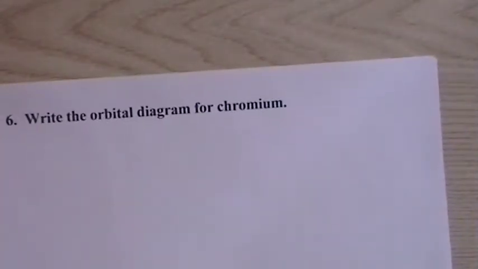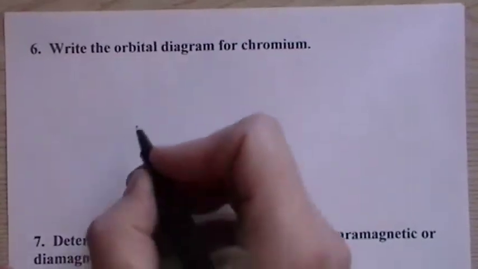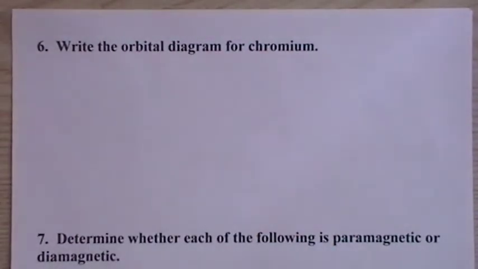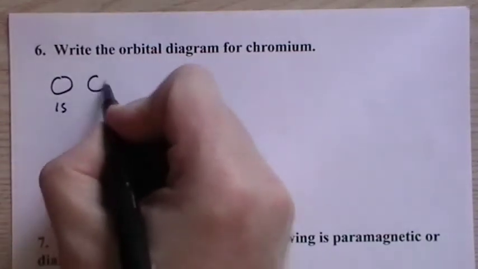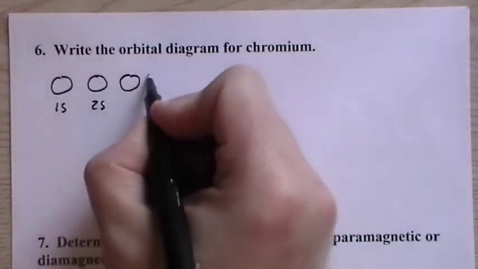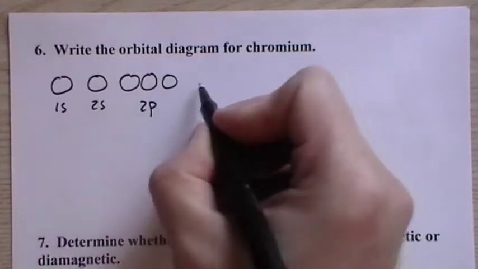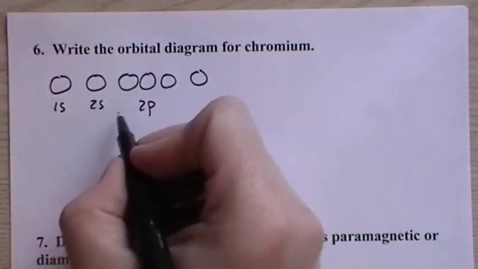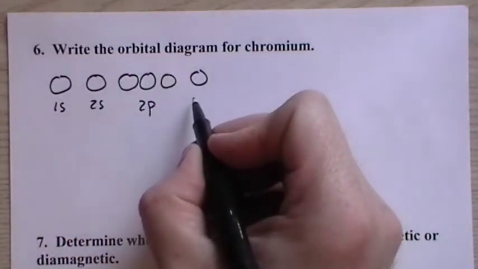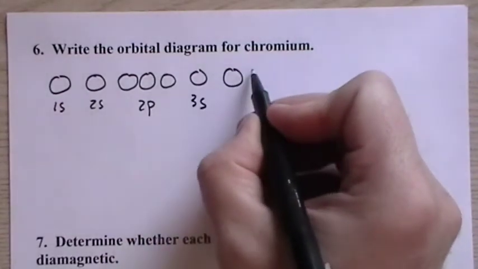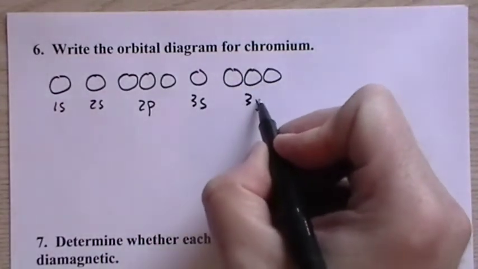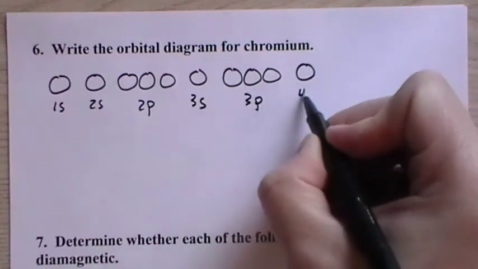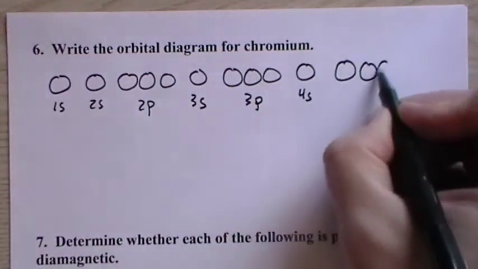So, and then the orbital diagram for chromium, this one I want to write out completely because it's really a nice one to see why we shift that electron. Remember, this one has 1s2, 2s2, 2p6, 3s2, 3p6, 4s2, and then 3d.